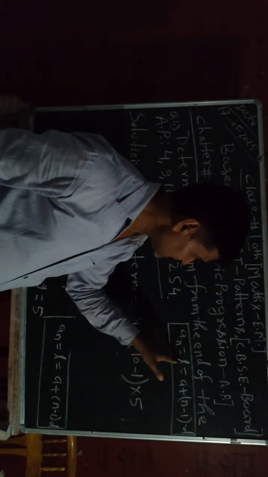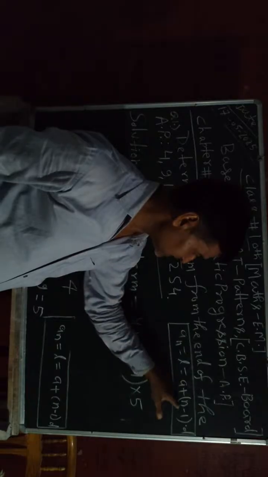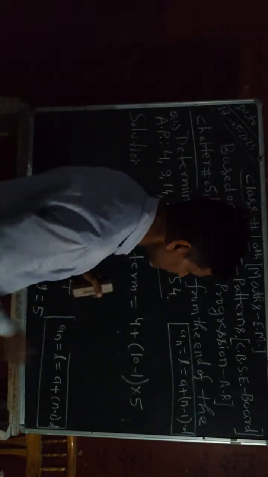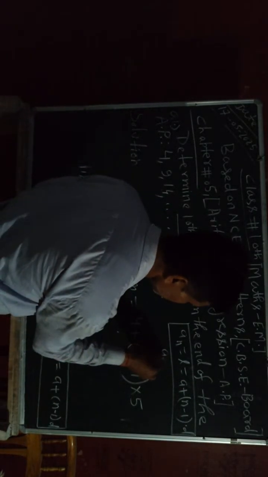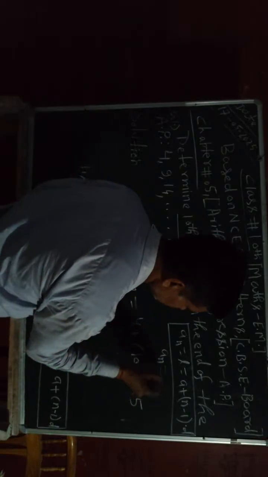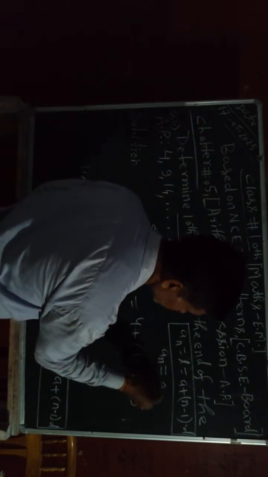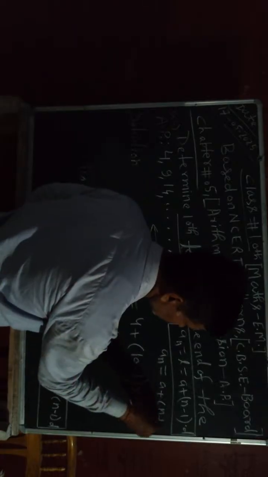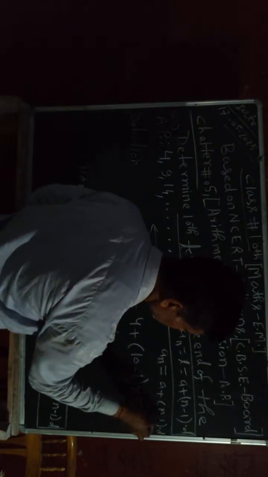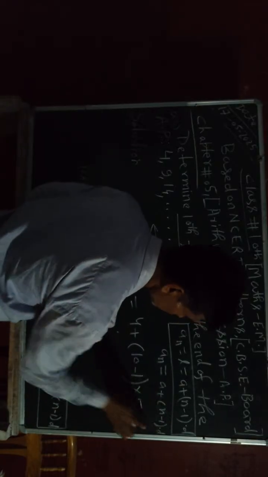In other words, L is equal to a plus n minus 1 into d. A plus n minus 1 into d I have to write here, and each and every student has to remember it for getting good knowledge.